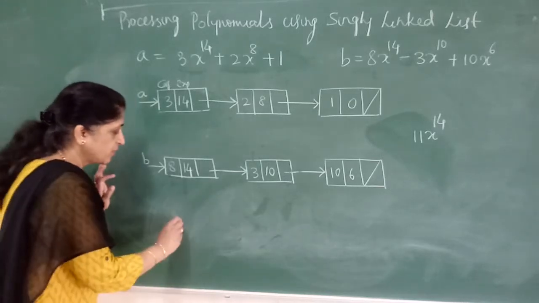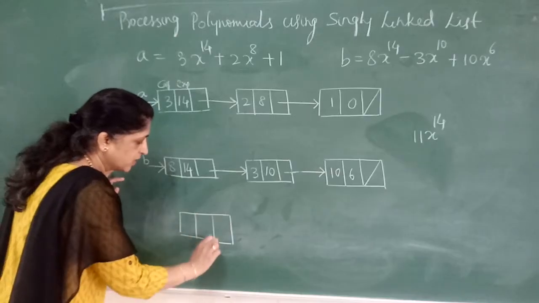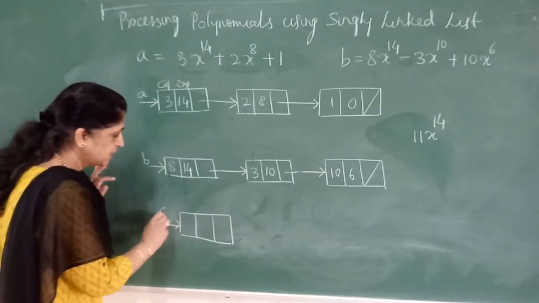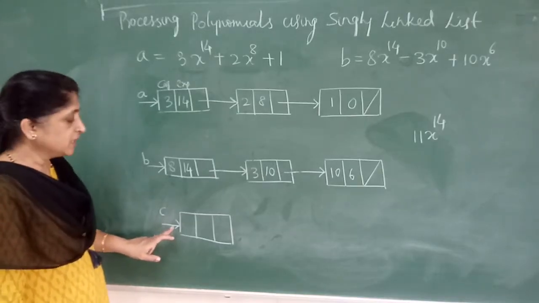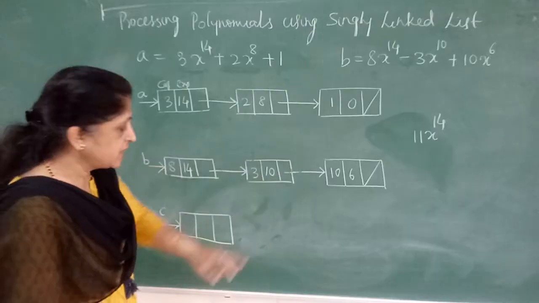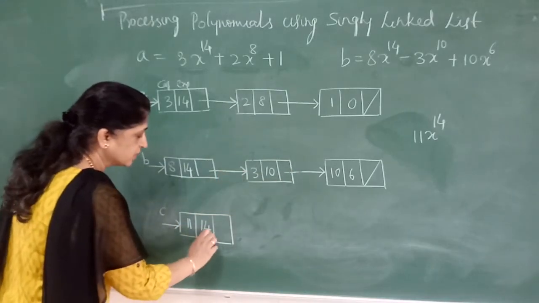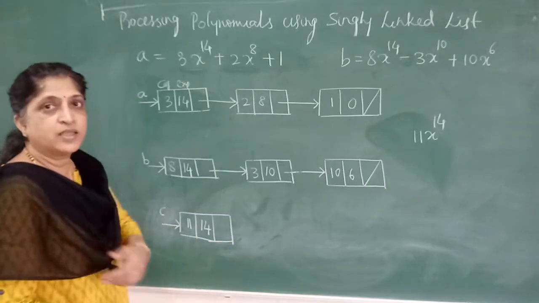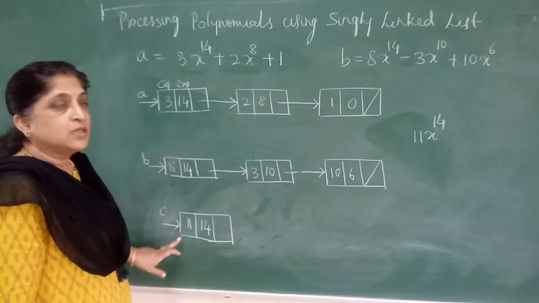So here we perform a malloc operation and get the node allocated for the third polynomial, and we will make C point to it. C is pointing to this. In the coefficient field I write 11 and in the exponent field I write 14. So currently this is how my linked list, that is the sum polynomial, is.